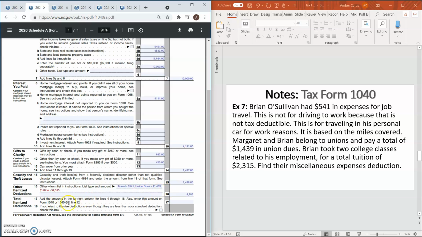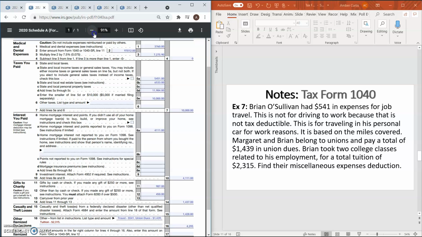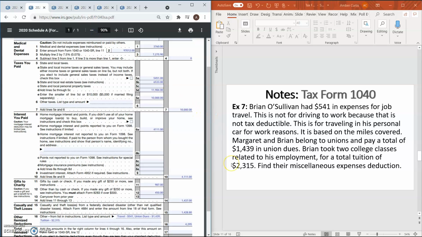It says add the amounts in the far right column for 4 through 16. So let's go ahead and do that. So we need to go backwards to 4, right? And we're going to be adding 4 through 16.